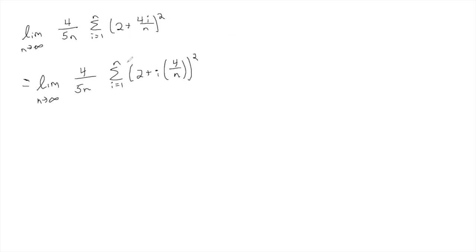It looks like this big grouping here is our f of a plus i times b minus a over n. That's what it sort of looks like, right? It's something squared. Looks like our function is going to be x squared. And I have this thing in parentheses. Looks like this is going to be my b minus a over n.